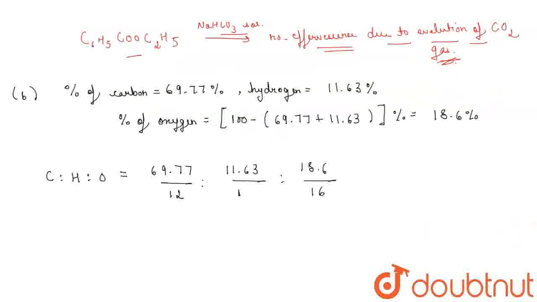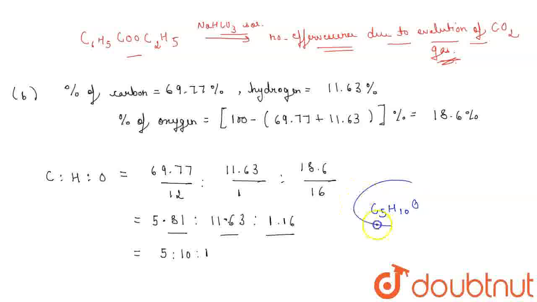And what we'll get is 5.81 : 11.63 : 1.16, and here we'll take approximate values. So we will get 5 : 10 : 1. Therefore the empirical formula of the compound is C5H10O.